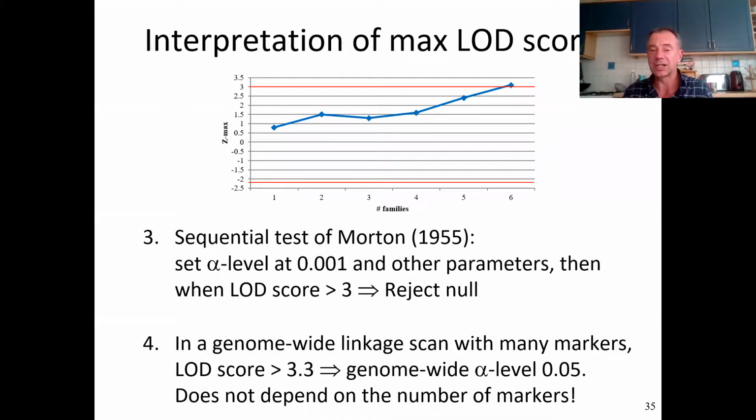You can have a sequential testing approach. This is the actual historical basis for this lod of 3 as set by Morton, where you would do an experiment with one set of data and see whether your lod was over 3 or below -2.